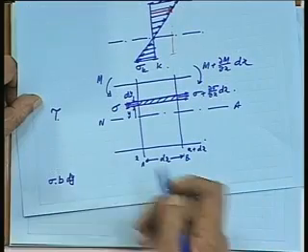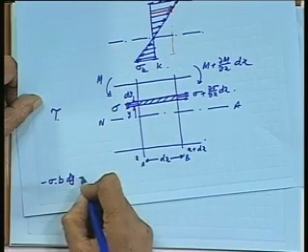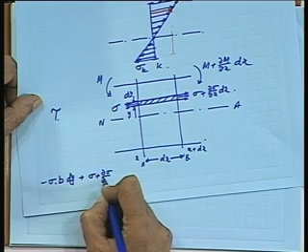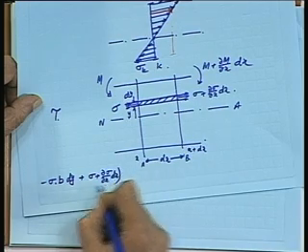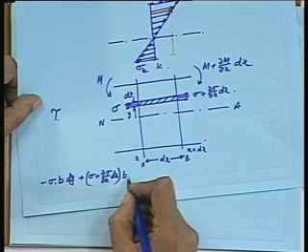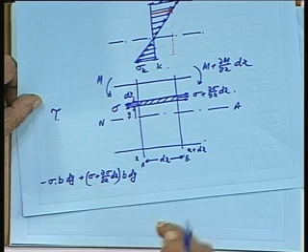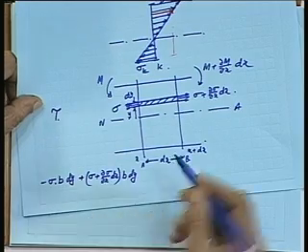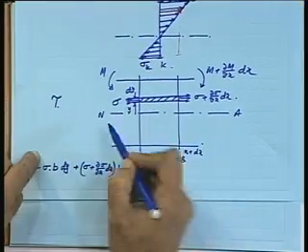This is the force in the left hand direction, and the force in the right hand direction is sigma plus d sigma by dx into dx, on the same cross sectional area.